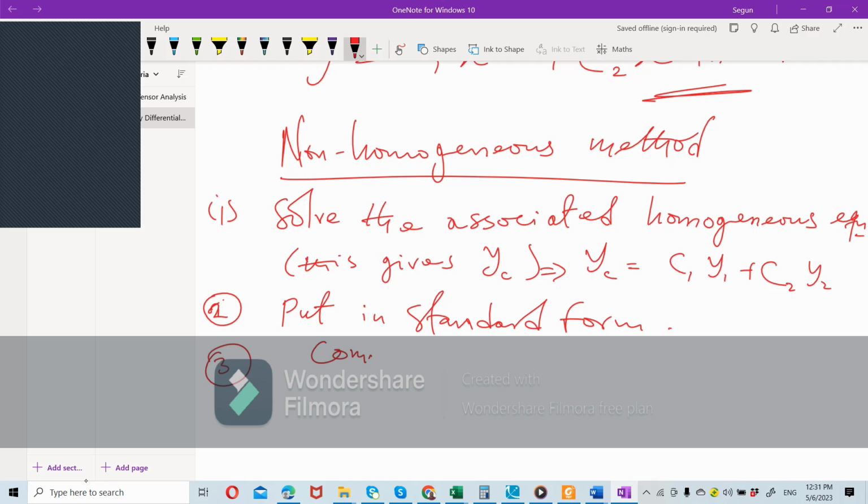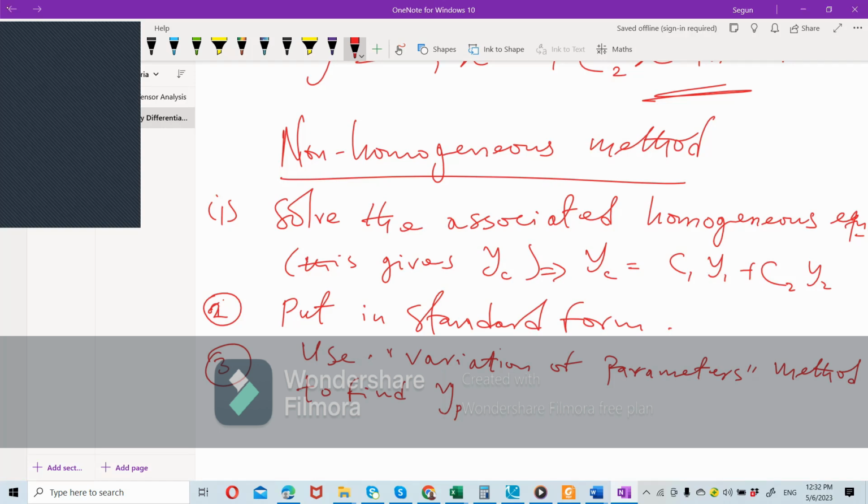Number 3 will be to use the variation of parameters method to find y particular, that is yp.